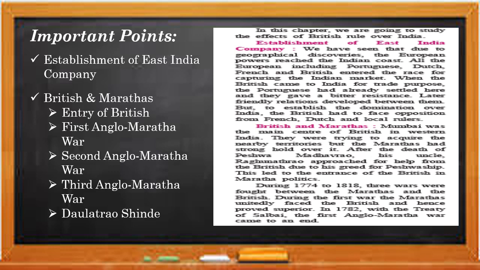It was only after the death of Peshwa Madhavrao that they got entry in Maratha politics, because Raghunath Rao, who wanted the seat of Peshwaship, sought help from the Britishers. And this is how the Britishers entered the court of the Marathas after the death of Peshwa Madhavrao.